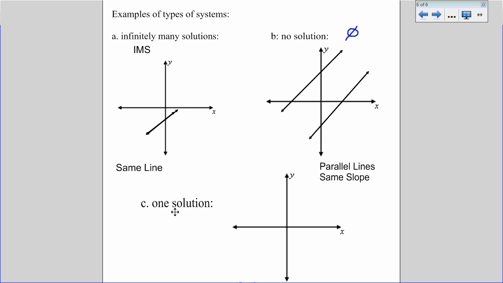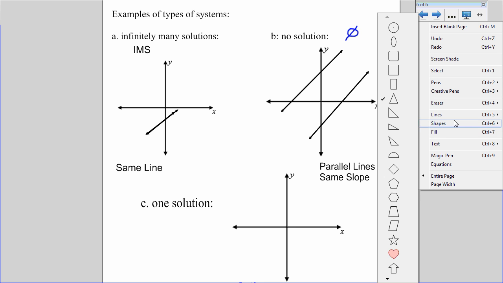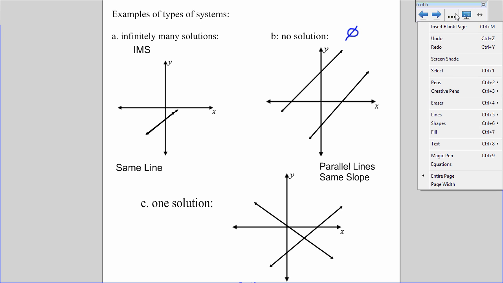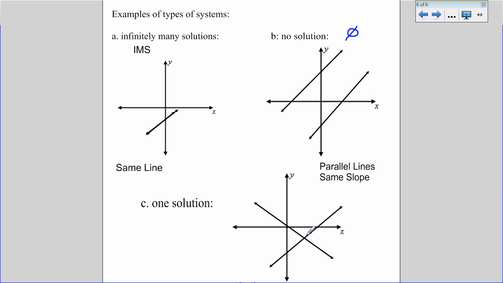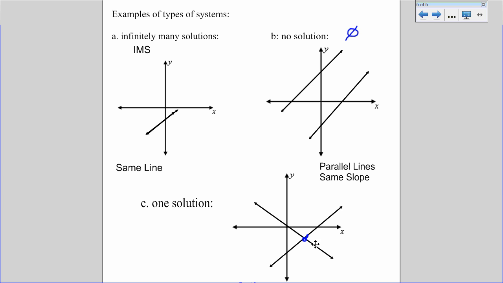And then what we looked at in our two examples were what it means to have one solution. One solution is where we graph one line, graph a second line, and then the ordered pair where they intersect, this point right here, that is our one solution.